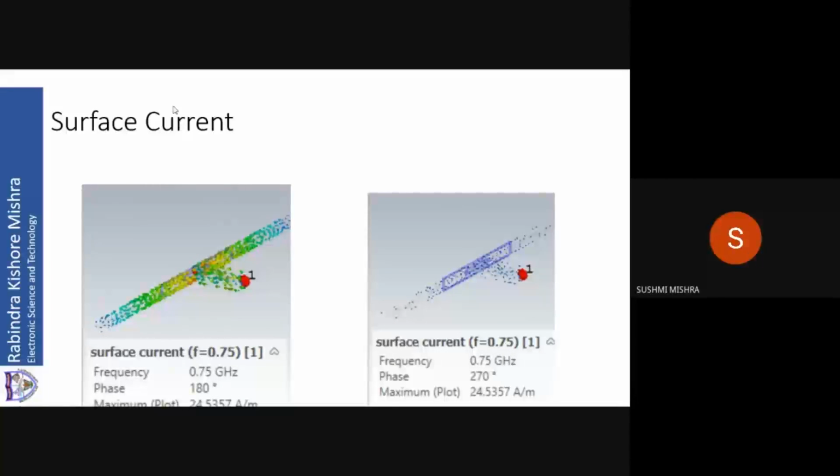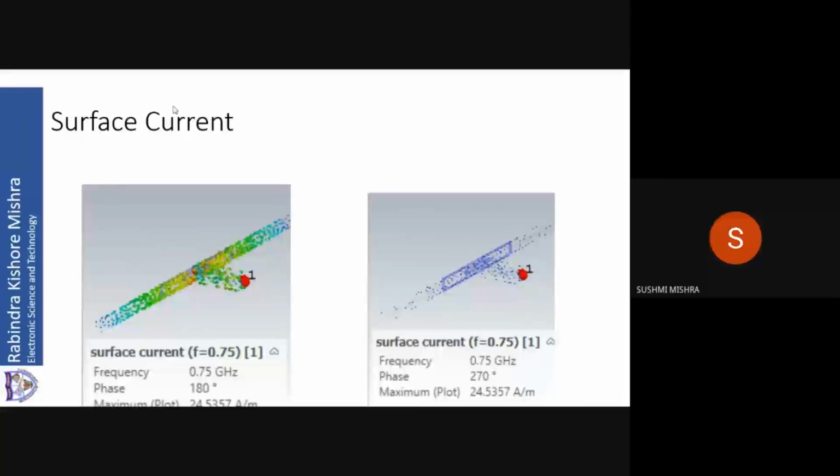Then as I go to 270, it becomes minimum again. Then as I go to 360 or 0, the maxima and minima will flip. So this is how the current distribution along the dipole will behave.